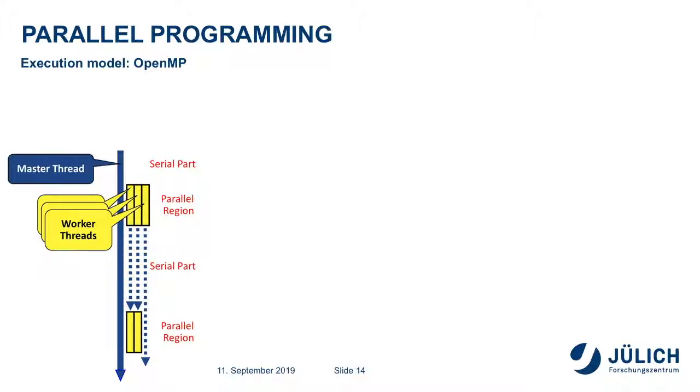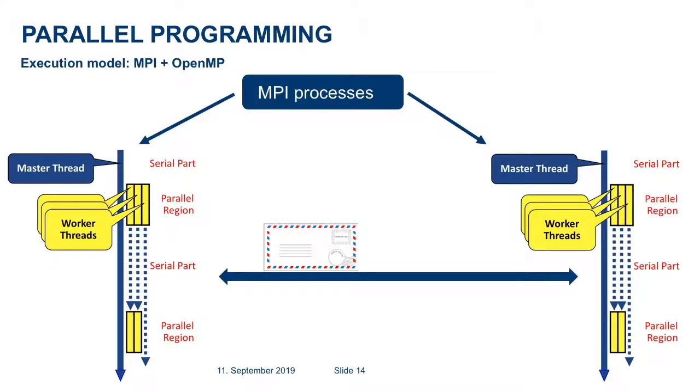Then the parallel region is over. The worker threads fall asleep. The master thread continues until it reaches the next parallel region. If you combine MPI and OpenMP, then different MPI processes become these master OpenMP threads, which then spawn each their own team of workers.